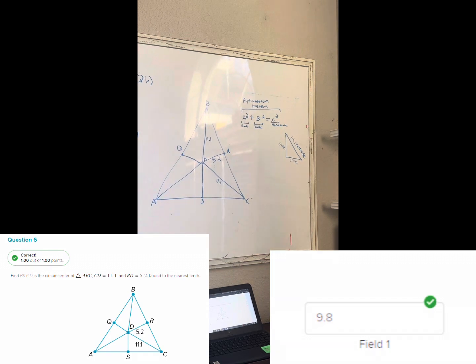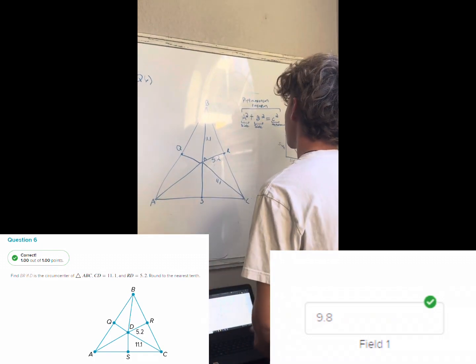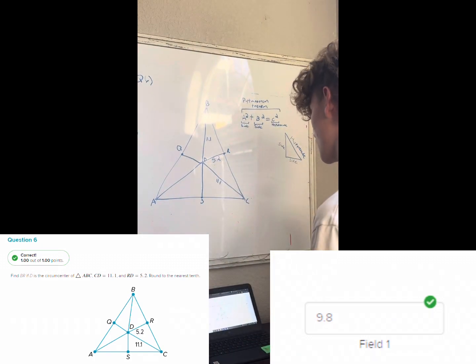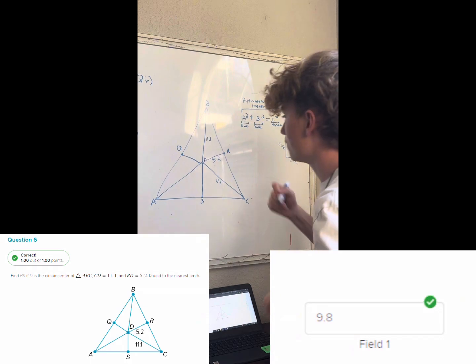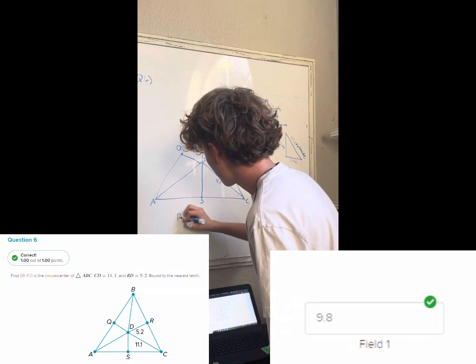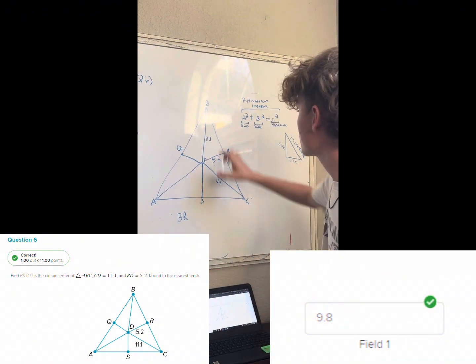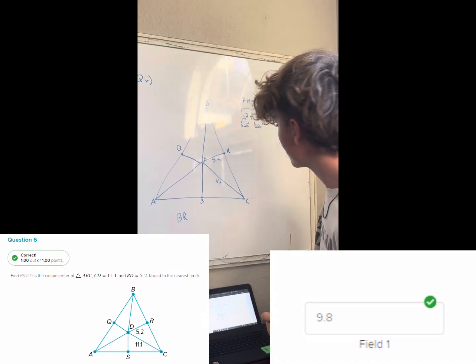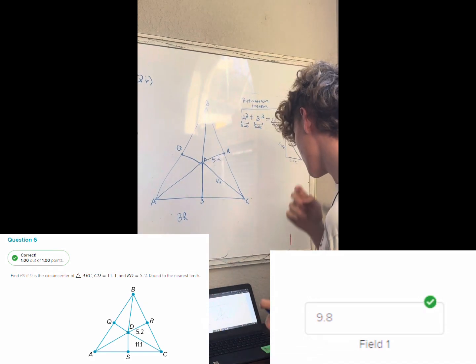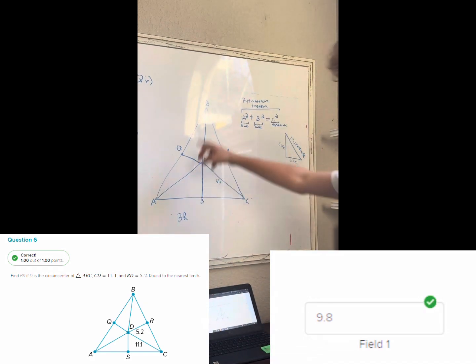All right. Question 6. So in this problem, we have to find BR, okay? So D is the circumcenter. I'll explain that later. D is the circumcenter of ABC.